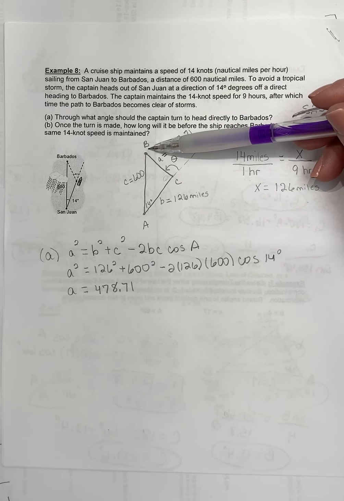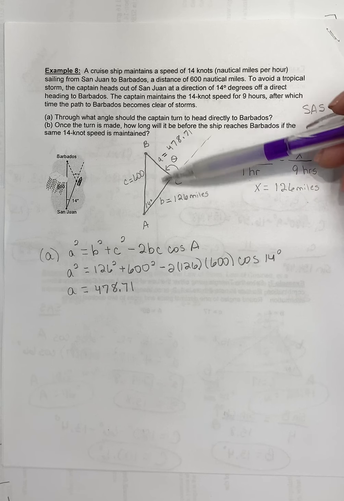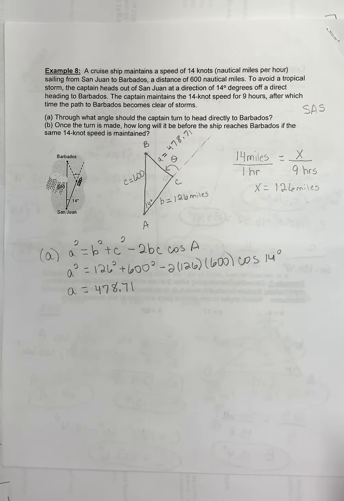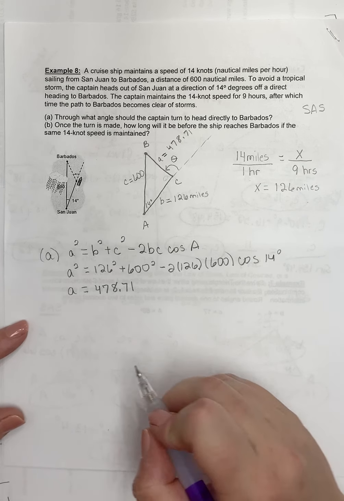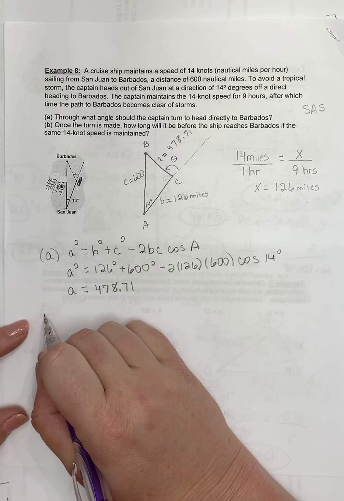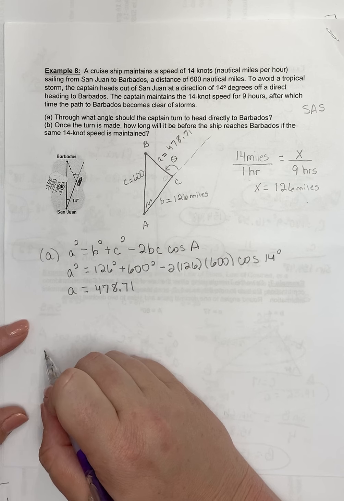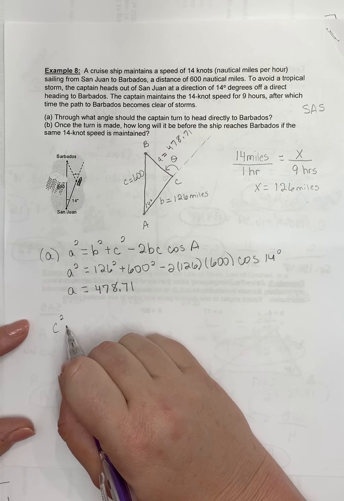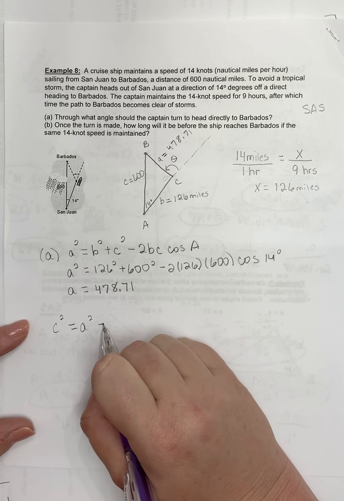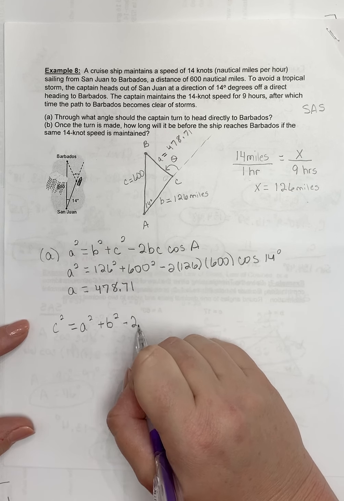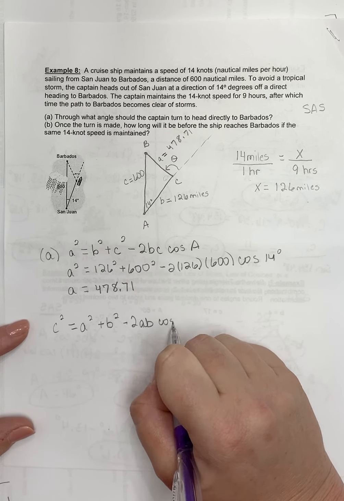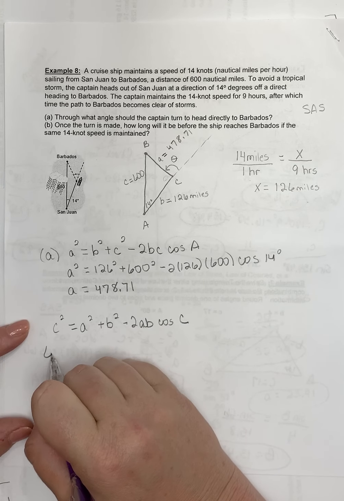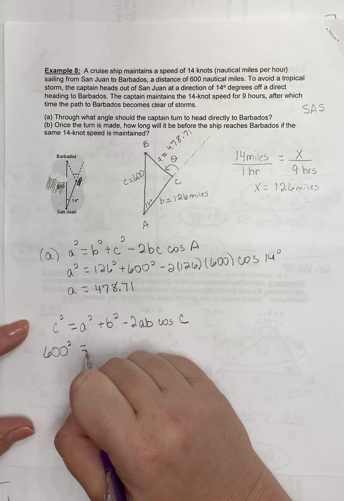I could use the law of sines with B, find B, and then do 180 minus to get this, or I could just go ahead and find C using the law of cosines. So that's what we'll do. We have to use the law of cosines since C is the largest angle. So the only law of cosines that contains angle C is this. So I'm going to fill in the values I have.